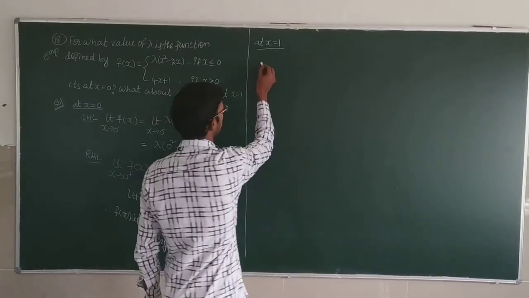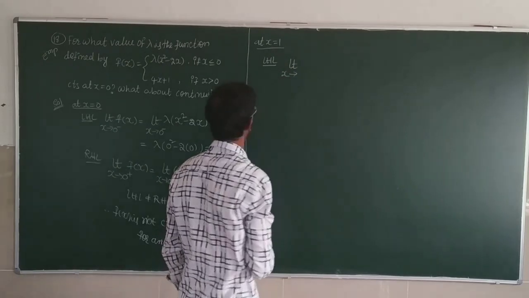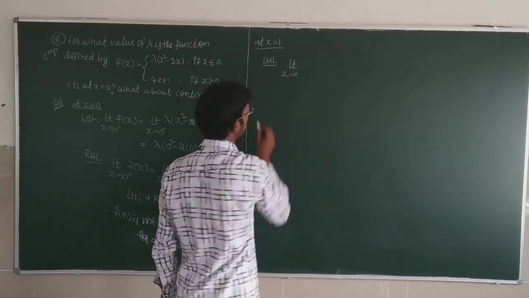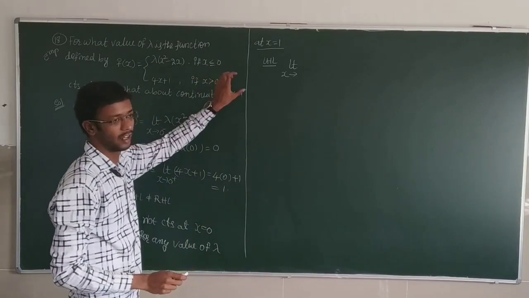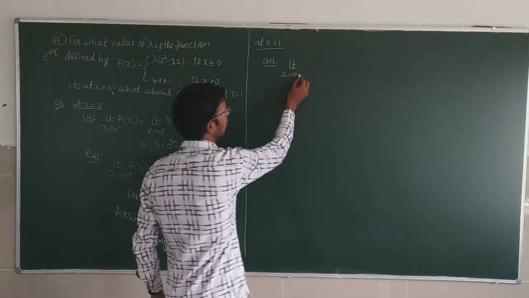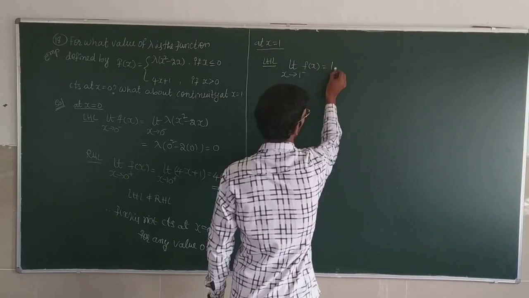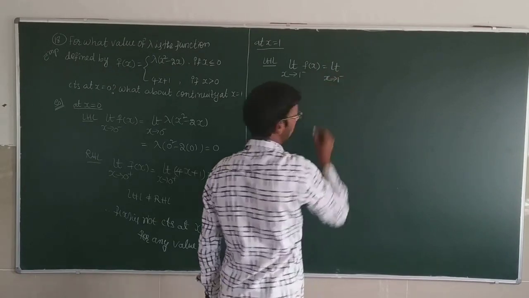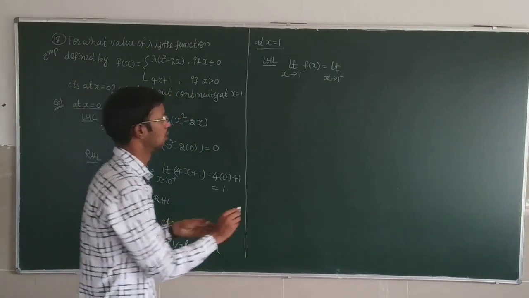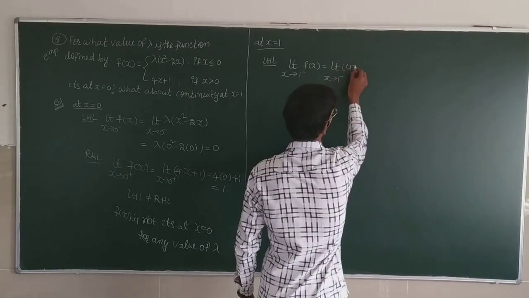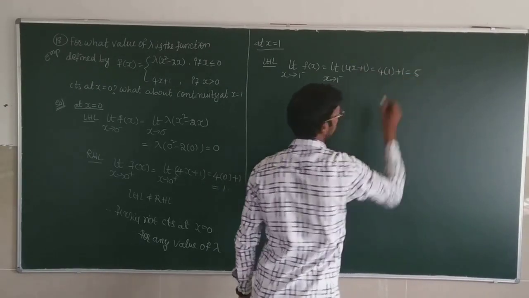For that purpose, LHL: limit x tends to 1 minus. There is no need to find it here actually, since greater than or equal to 1 is there. But okay, no problem. Limit x tends to 1 minus f of x: 1 minus means 0.9999, so it is greater than 0. What will we get at that time? 4x plus 1, 4 into 1 plus 1 is 5.